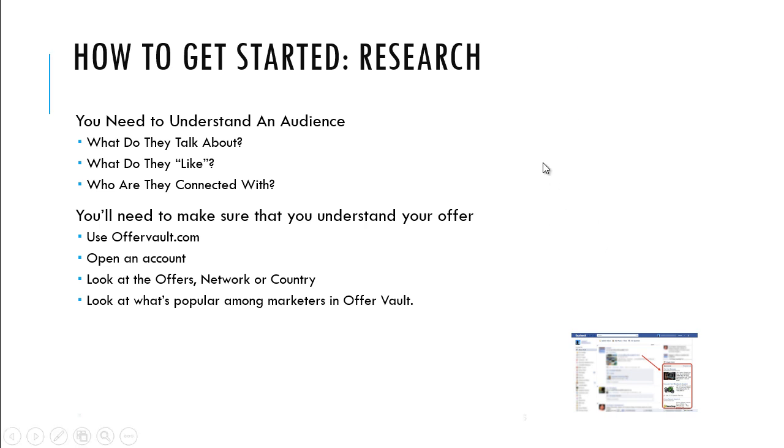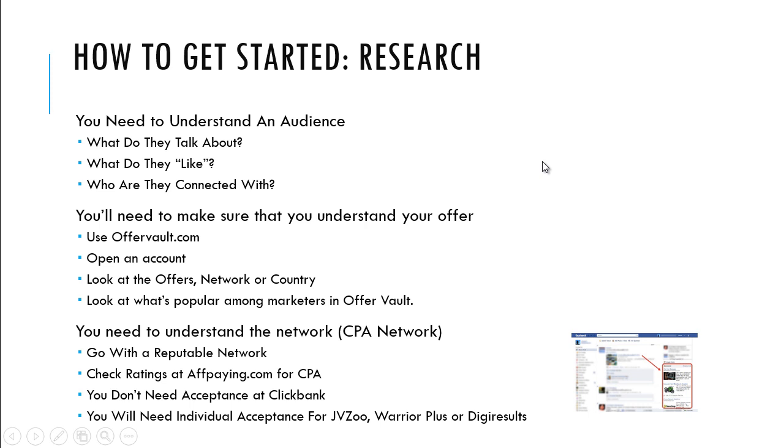Now, one of the other things that I suggest: if you're going to use Facebook ads to drive traffic to cost per action offers, or CPA network offers, I would suggest that you go with a reputable network, and you can check the ratings at afpaying.com, and that's strictly for CPA network offers.